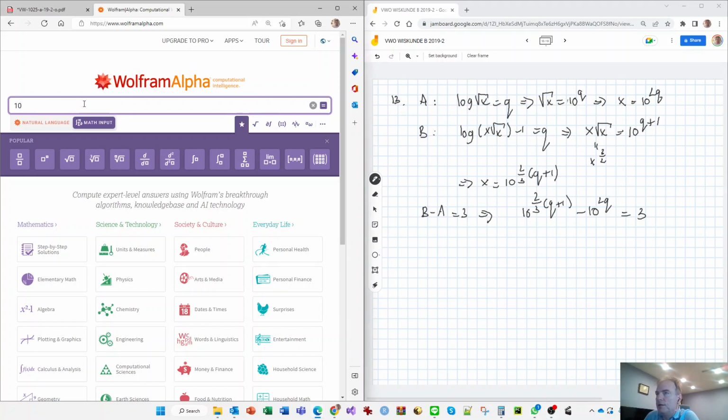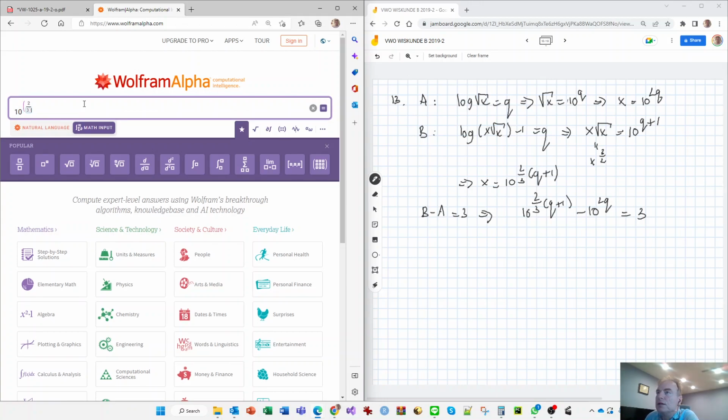I get 10 to the power of 2 divided by 3 times x plus 1 minus 10 to the power of 2 times q minus 3 is 0.